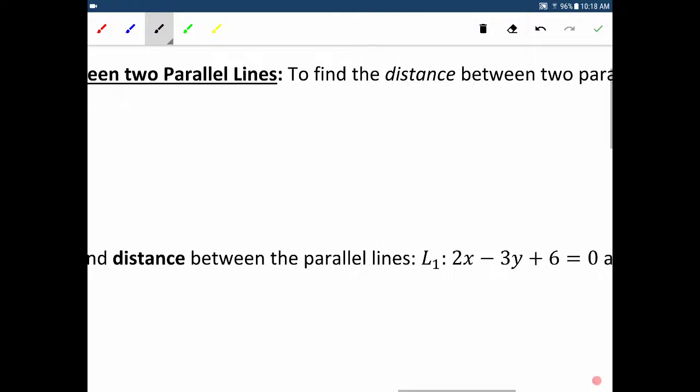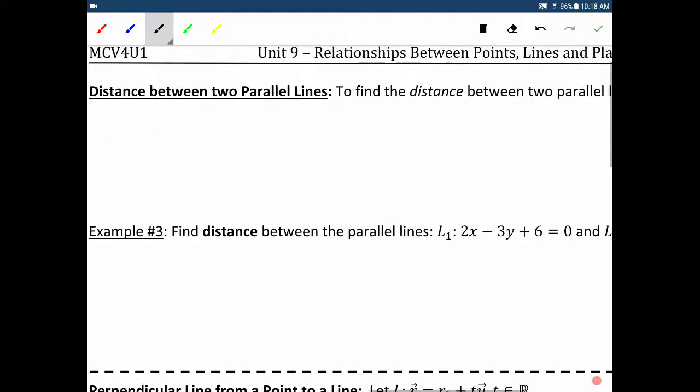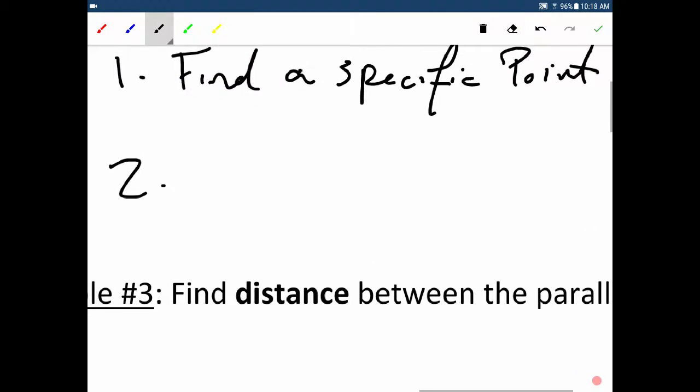Then we're going to find the distance from that point to the other line, because of course they're parallel, so the distance is the same regardless of which point we use on the first line.